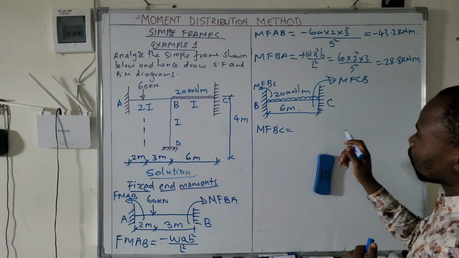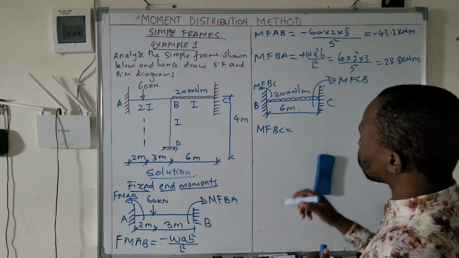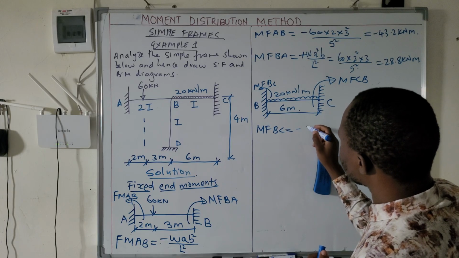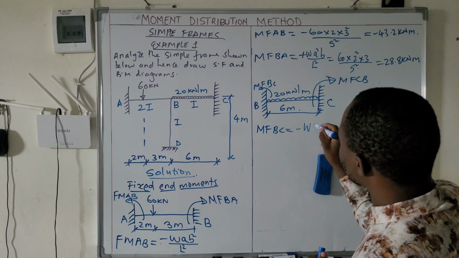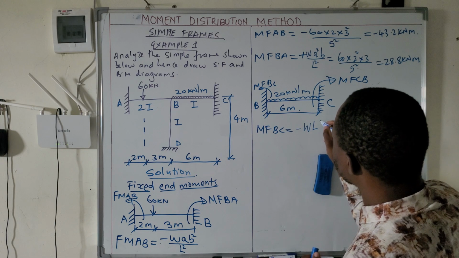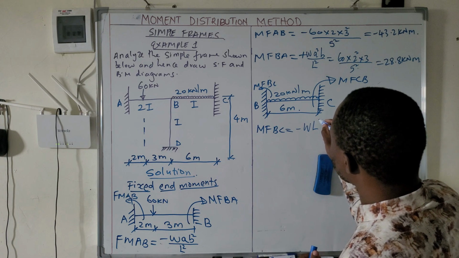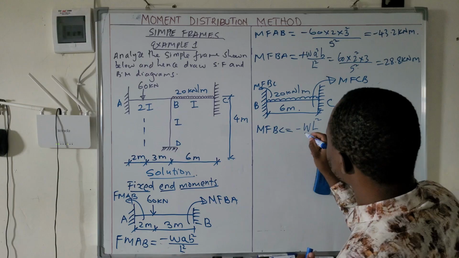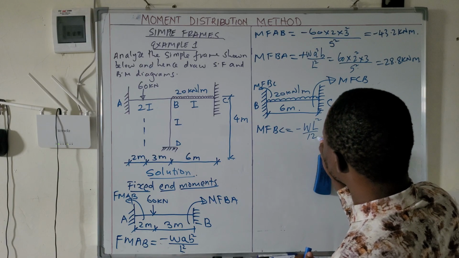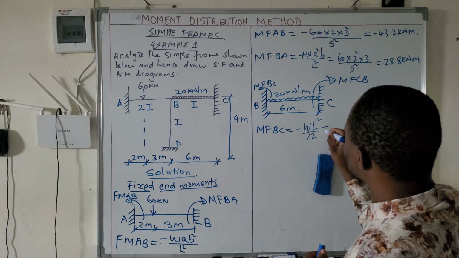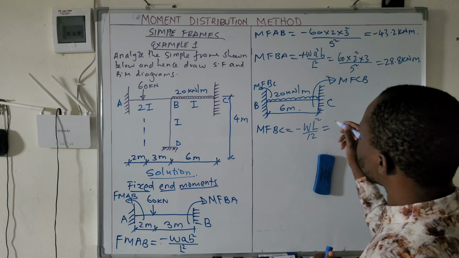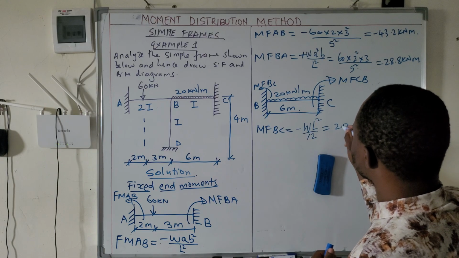So we will go straight to fixing moment, which is MF BC is equal to this one. Because it is moving in anticlockwise, it will be minus WL squared over 12. So the W is a UDL, which is 20.